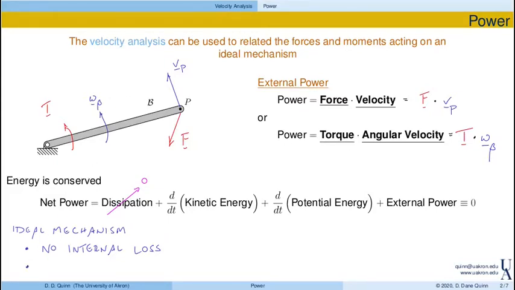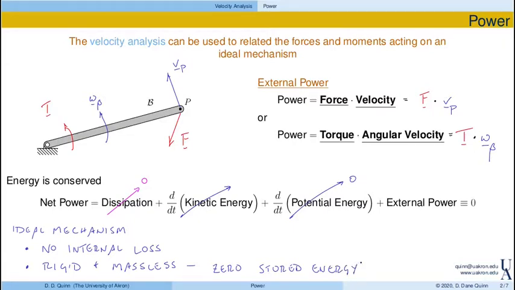Then we also assume that these mechanisms are rigid and massless. So if they're rigid, then there's no elastic deformation, which means that there's no change in potential energy. And if they are massless, then there's no kinetic energy. So there's zero stored energy within the system.